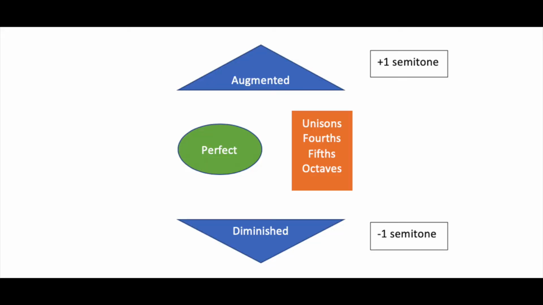Let's take a look at augmented and diminished perfect intervals. So to make a perfect interval augmented, we make it bigger by 1 semitone, either at the top or the bottom of the interval. To make a perfect interval diminished, we make it smaller by 1 semitone, to either the top or the bottom note of the interval.